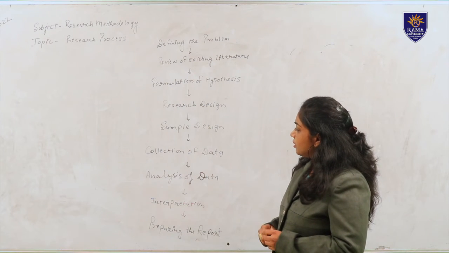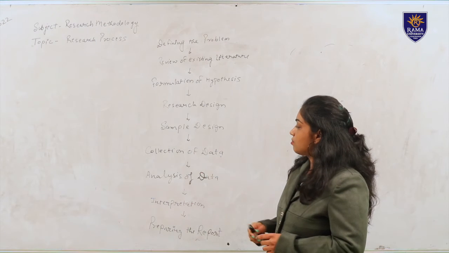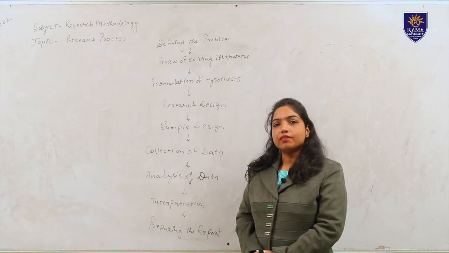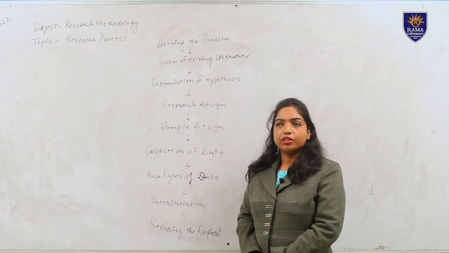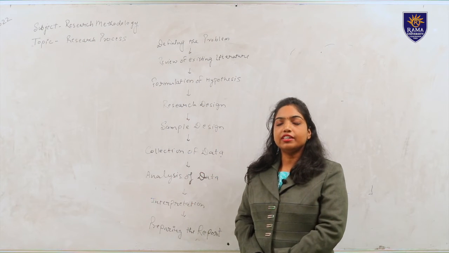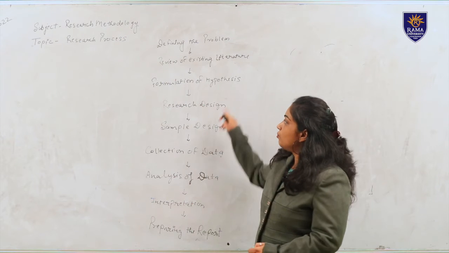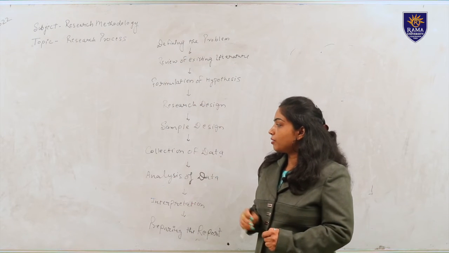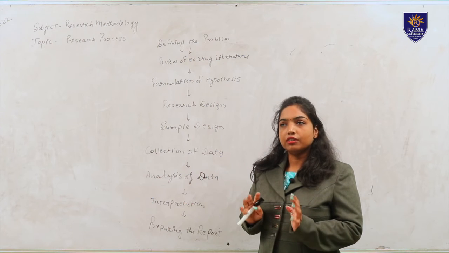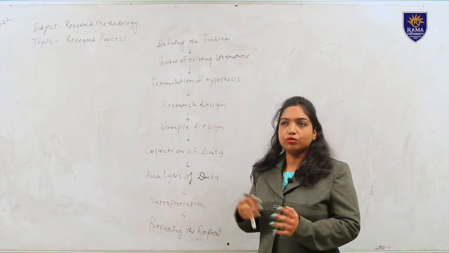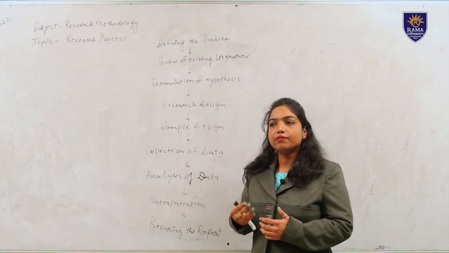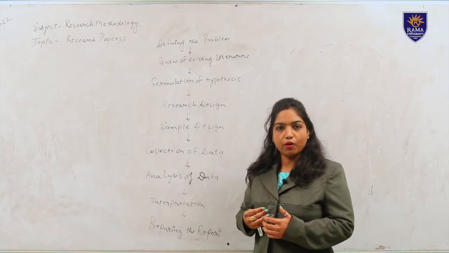After collection of the data, we go for analysis of the data. In analysis of data, there are different things involved, like coding and tabulation of the data. In research, we get information from the review of existing literature and from the primary data in the data collection method. The information is in the form of raw data, so someone who is not technically expert cannot easily find meaningful information from that raw data.